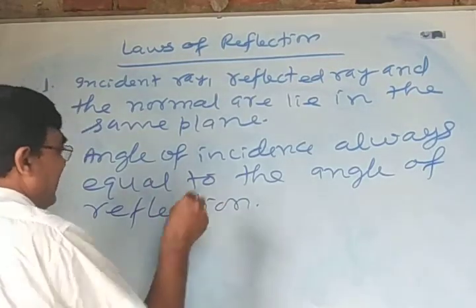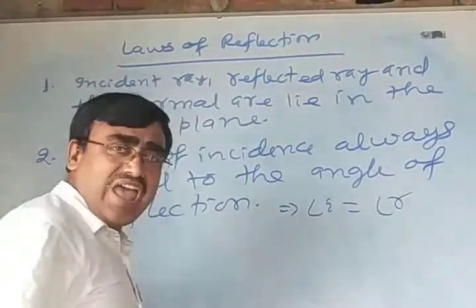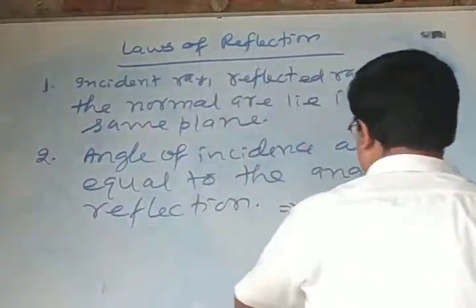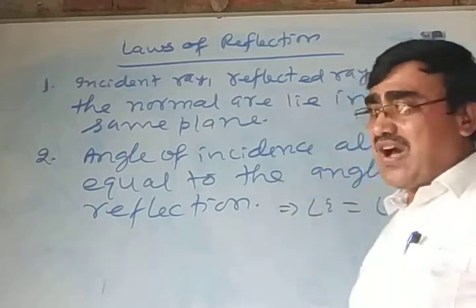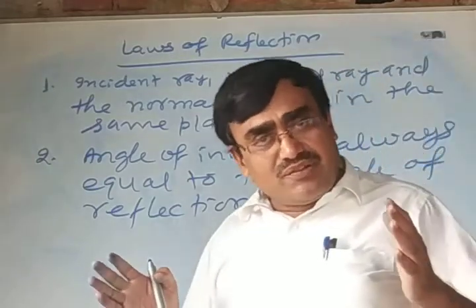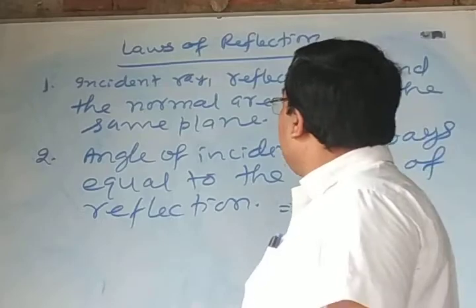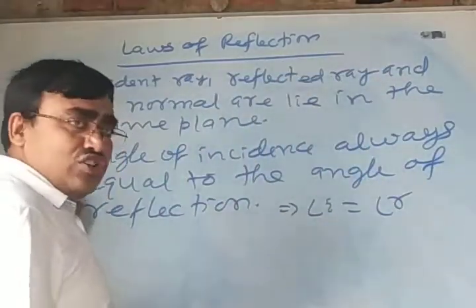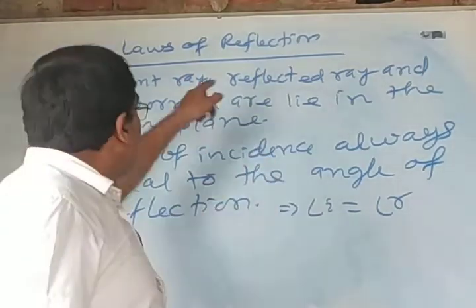That implies angle I is equal to angle R. Angle I is the angle between the incident ray and the normal, while angle R is the angle between the reflected ray and the normal. These are the 2 laws of reflection.